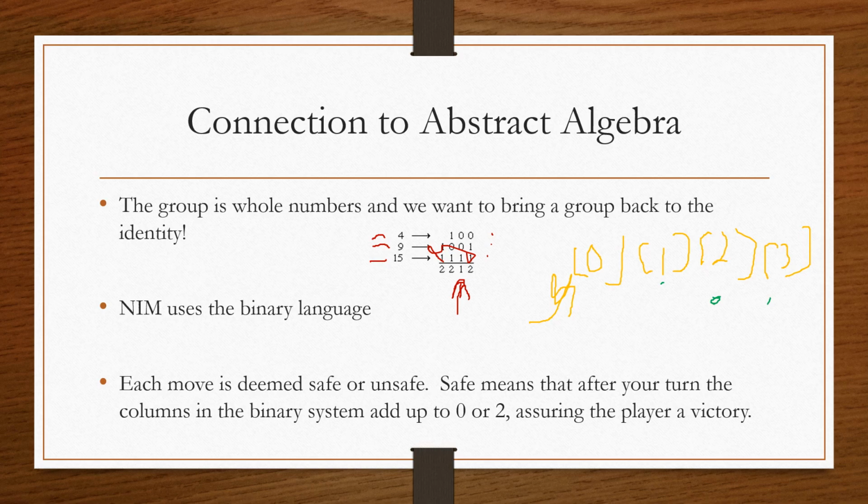So you're always guaranteed, if it's unsafe on your turn, you make it safe, they can only make it unsafe, so you can keep making it a safe move, just by how the binary system is set up, and then you'll be able to take the last item to win. I know it gets a little confusing, especially playing in a binary system, but that'll be your strategy for how to win. So if you're really good at putting things in binary real quick, you're golden in this game.